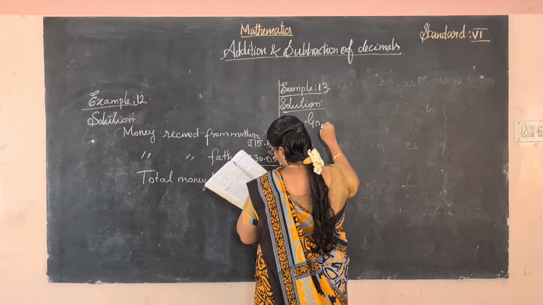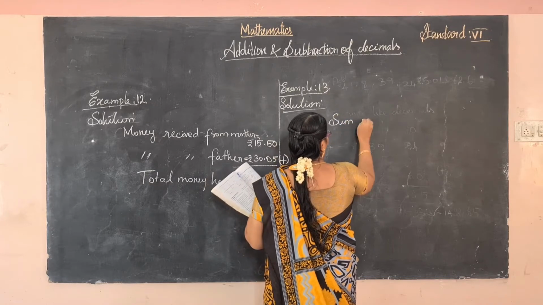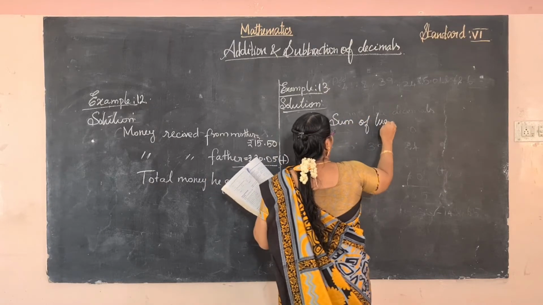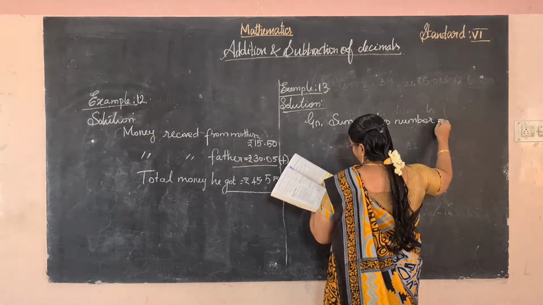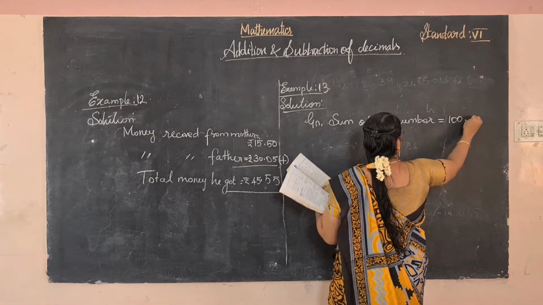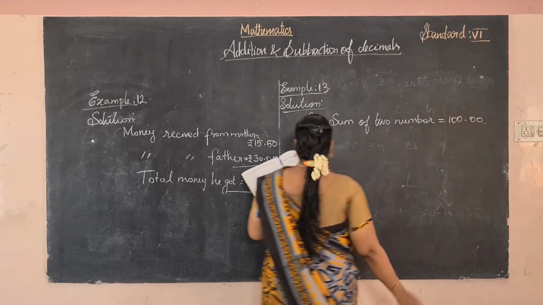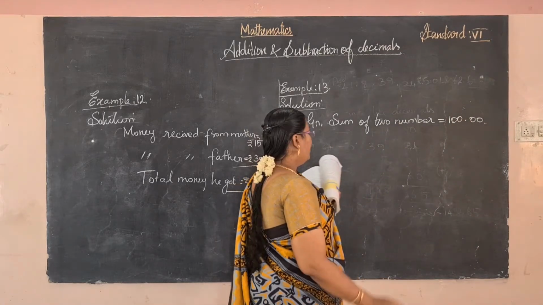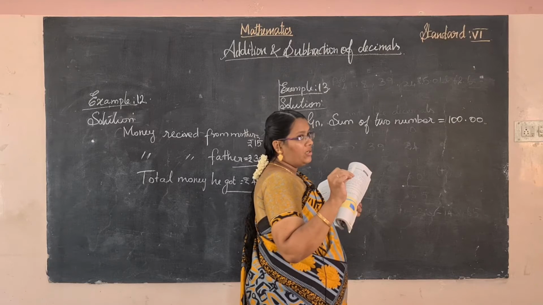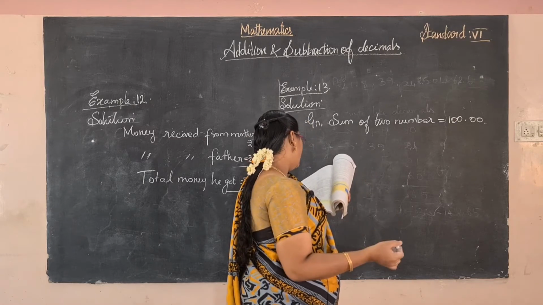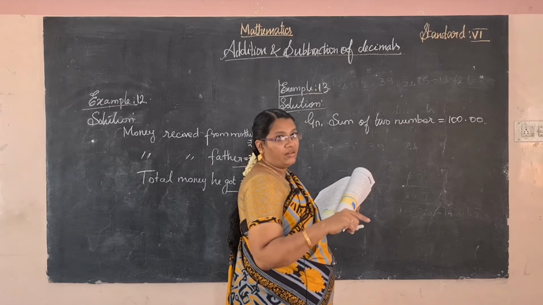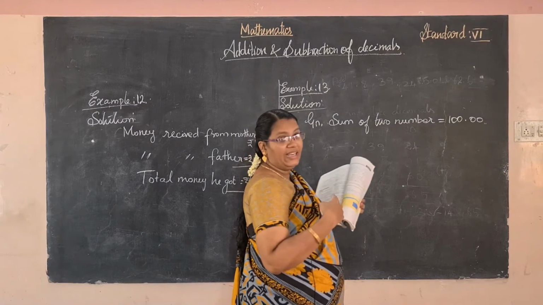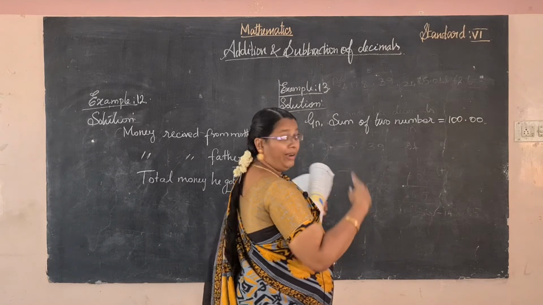Given the sum of two numbers is equal to 100. Okay, right. Why do we put zeros after the decimal point? The next one, that number is 78.67, is given. So I have written it in decimals for our calculation.